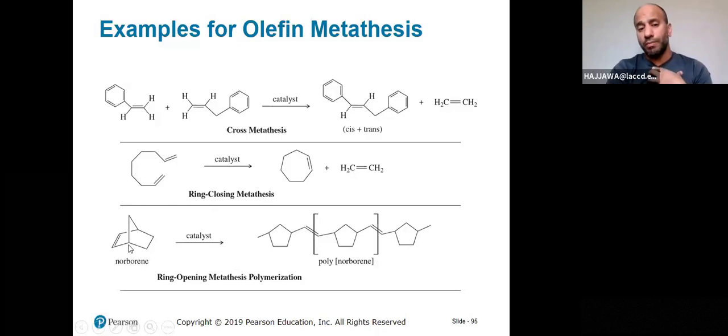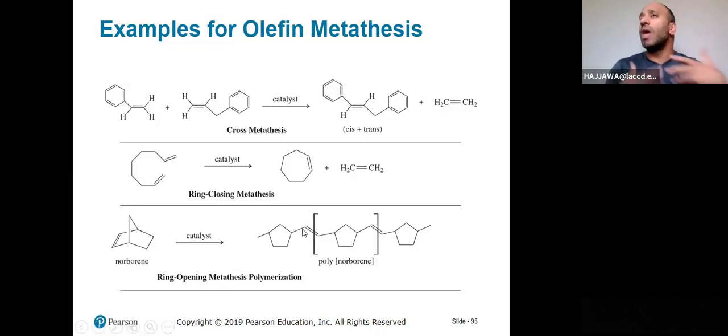Some of these reactions that have an alkene, once going through the same catalyst used for olefin metathesis to break that double bond, end up being polymerized, giving repetitive units of the same through a reaction called ROMP. What's ROMP? Ring opening metathesis polymerization.